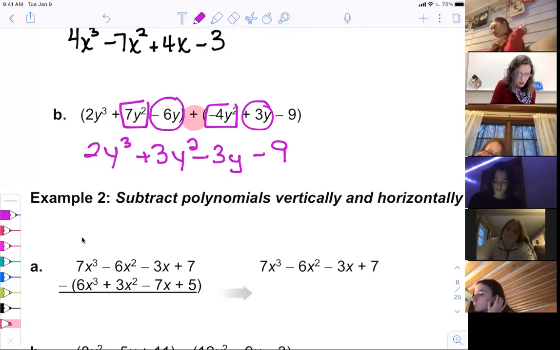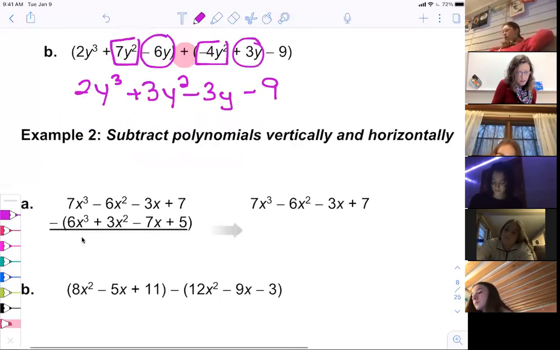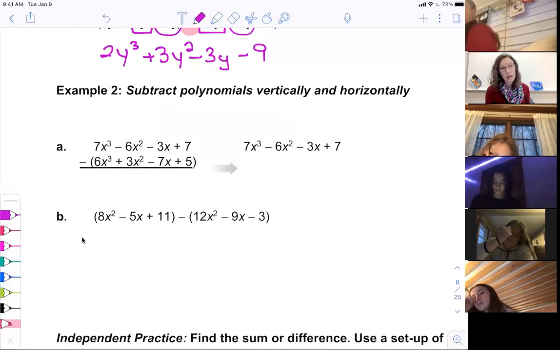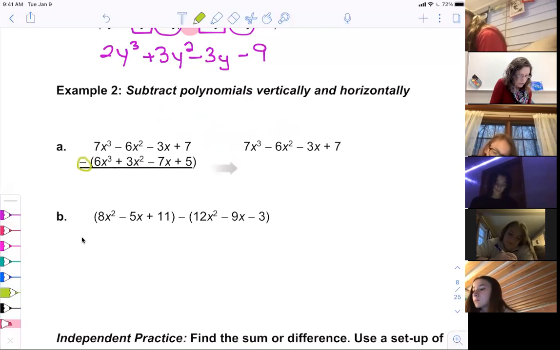All right, so the next set we have subtracting, which is exactly the same, except we have to worry about the negative sign. When you're subtracting a polynomial, you're subtracting the entire thing, which means that this negative sign needs to affect everything inside of it.